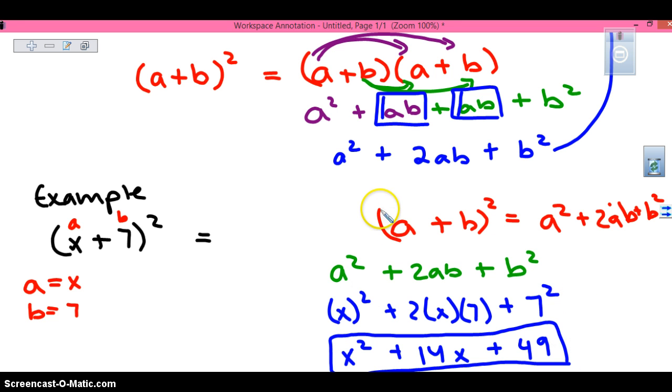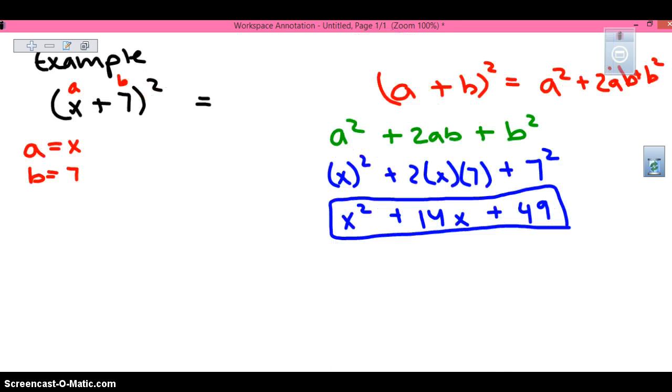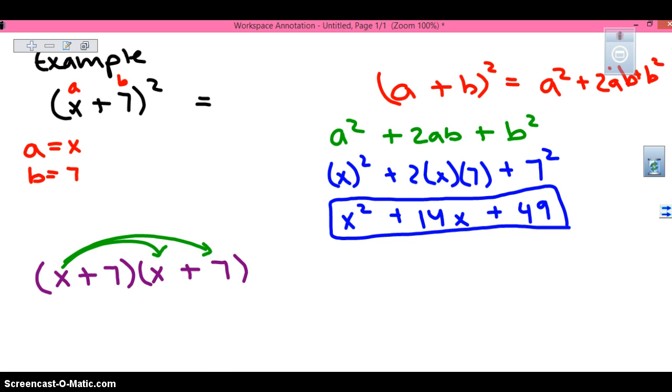Now, I'm using the square of a binomial here. What if instead of substituting with the square of a binomial, I actually multiply (x plus 7) times (x plus 7)? We could use the FOIL method or the distributive property.